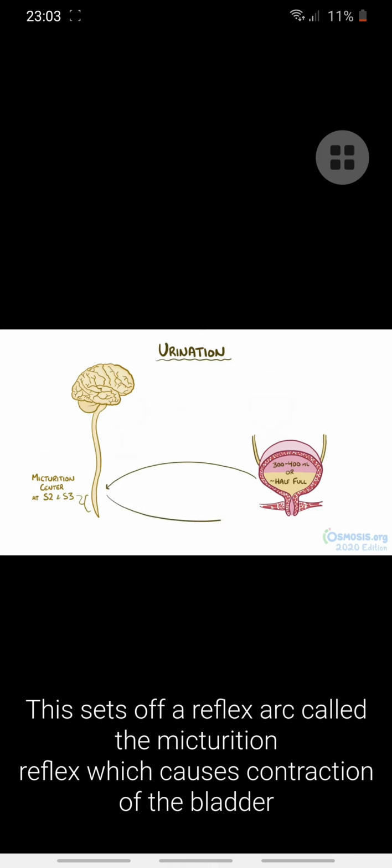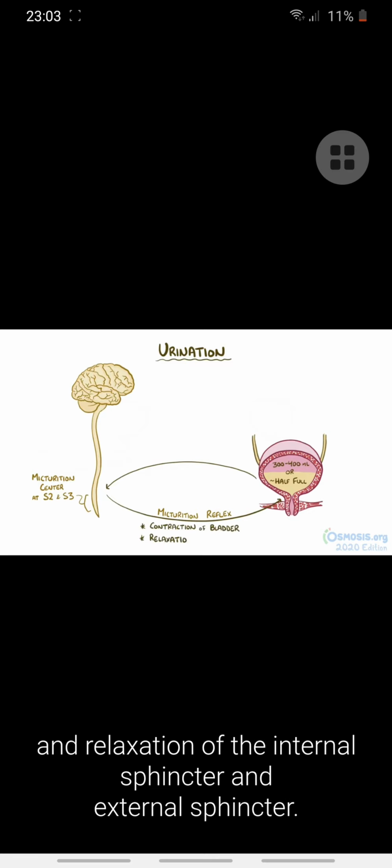This sets off a reflex arc called the micturition reflex, which causes contraction of the bladder and relaxation of the internal sphincter and external sphincter.